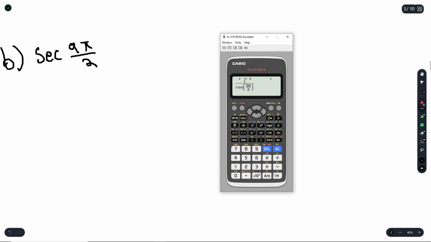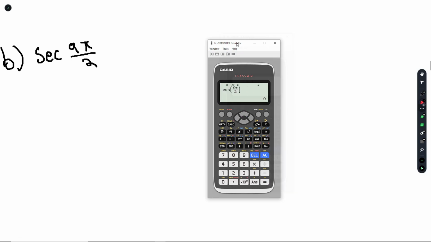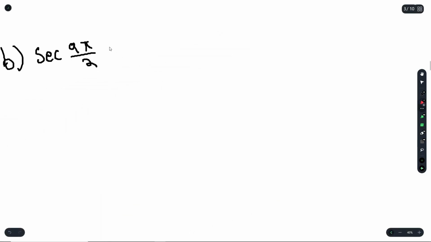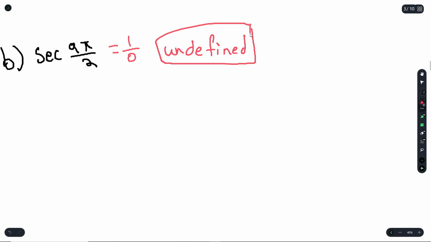So then you'd press equal. It gives a math error because cosine of 9 pi over 2 is equal to 0. So this is equal to 1 over 0, which is undefined. Usually when it gives you a math error, then it's just undefined. Or you did something wrong. So you'll have to make sure.